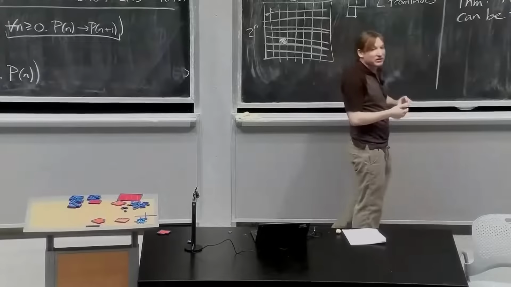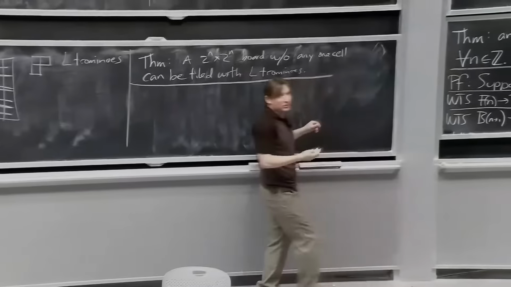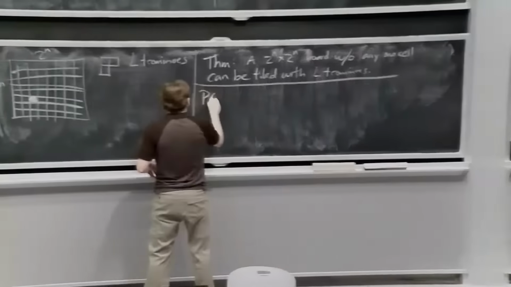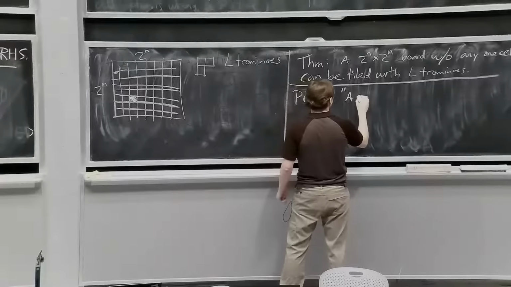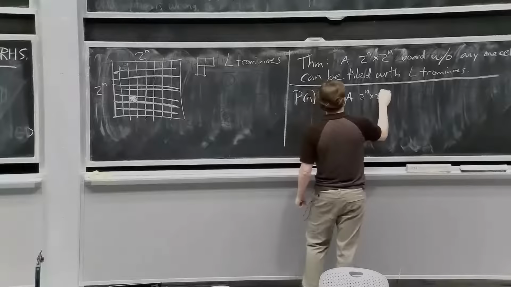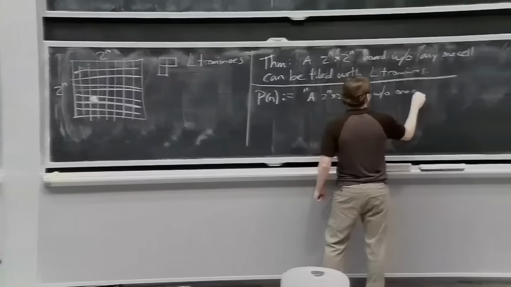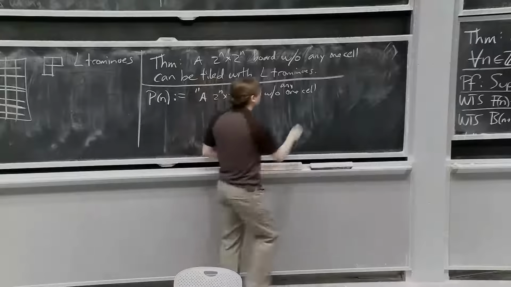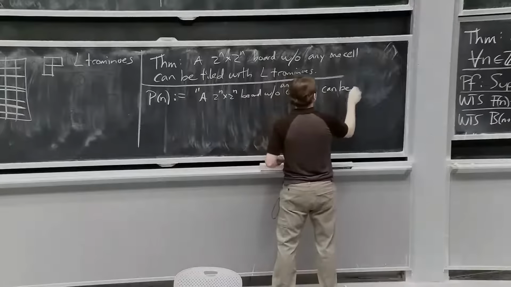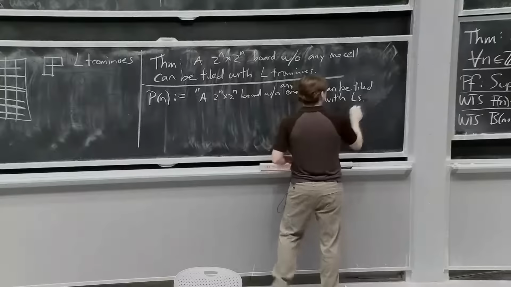Well, let's phrase it like we were going to prove it with induction, because we are. So let's say that P of n is going to be a 2 to the n by 2 to the n board without one cell, without any one cell, doesn't matter which one you pick, can be tiled with L's.